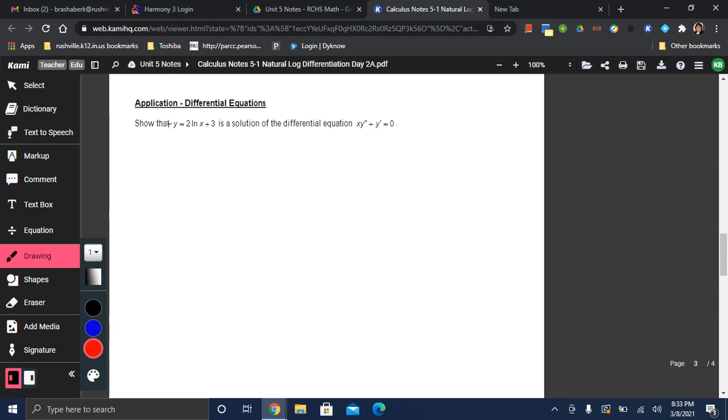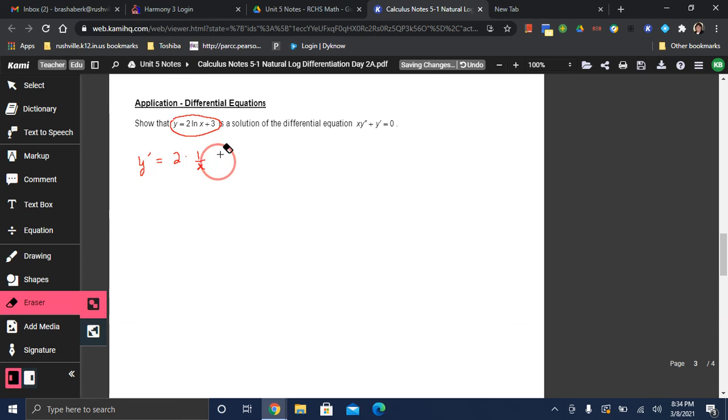So if your original problem is y equals 2 times the natural log of x, then we can do y prime, which would be 2 times 1 over x.